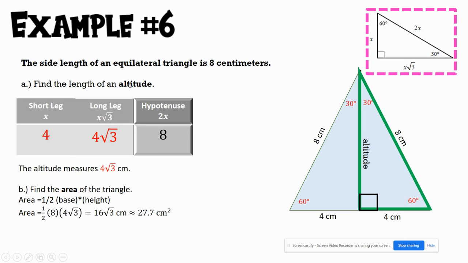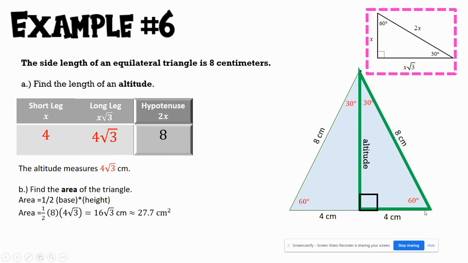Find the length of the altitude. So again, another vocab word. Altitude is the segment from the vertex perpendicular to the opposite side. So it drops right down and forms a right angle with that opposite side. Well, if this whole side was 8, then this is half of it. So this would be 4.